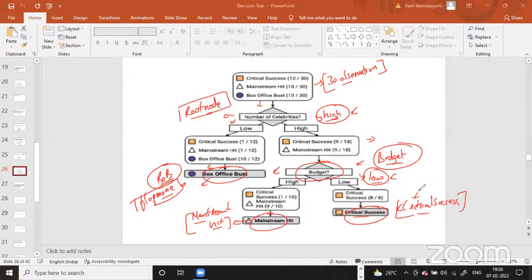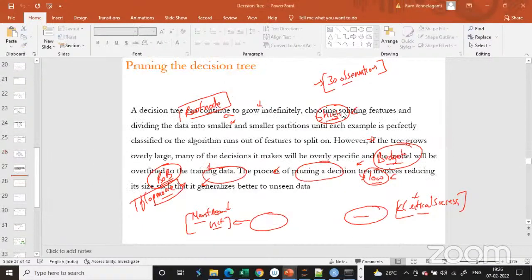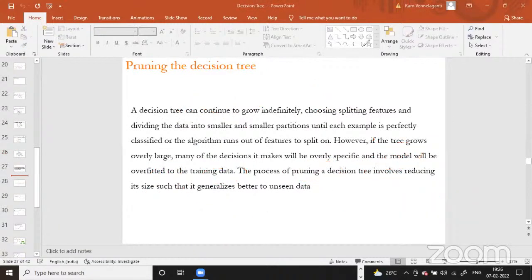Now, let us proceed. What is the next concept? Pruning. What is the meaning of pruning? Pruning in English means cutting down or trimming.